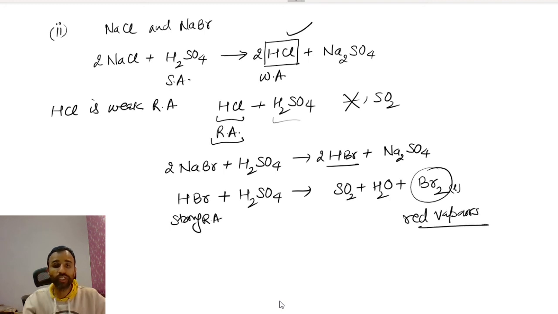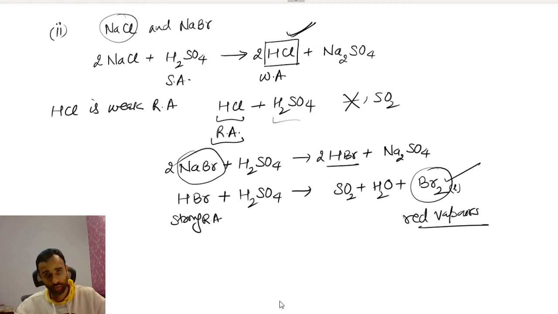So that was the question. Okay, why with chlorides we get pungent smelling HCl gas, and with bromides we get red vapors of Br2. Why is it so? So this is the proper reason, that HCl produced is a weak reducing agent, therefore it cannot reduce H2SO4 further to give SO2 and Cl2.